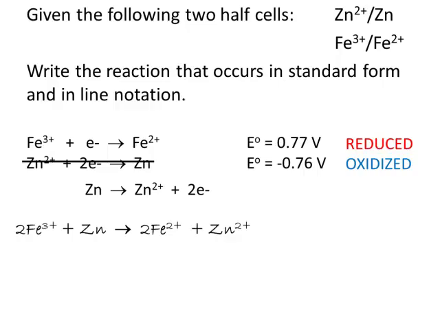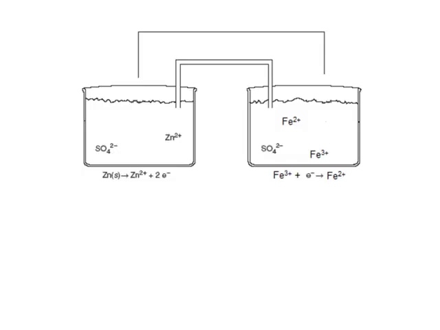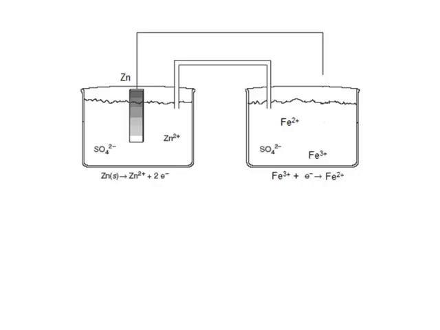Now we need to write this reaction in line notation. Let's take a second, though, and look first at the physical setup of this galvanic cell. Say we put the zinc half cell on the left and the iron half cell on the right. Understand that the external wire has to be connected to a solid that is immersed in the solution. For the zinc half reaction, solid zinc is part of the reaction, so a zinc electrode is used.